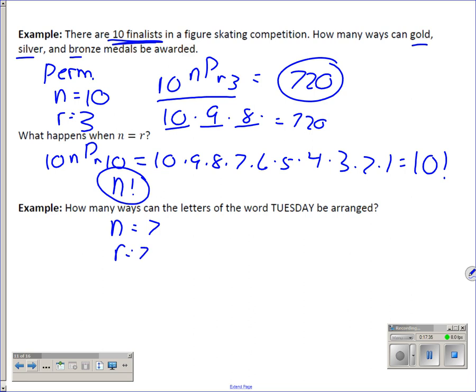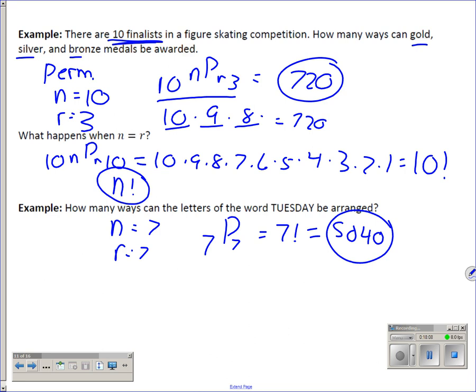In the calculator, what you could do is 7P7, take all 7 of them and arrange all 7 of them. But it's also equal to 7 factorial, which is 7 times 6 times 5 times 4 times 3 times 2 times 1. I don't even know what that is. Anybody get it? 5,040? That means there's 5,040 possible ways to arrange all those letters in Tuesday.